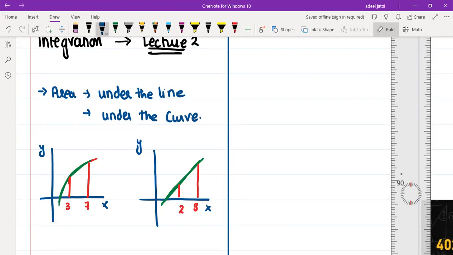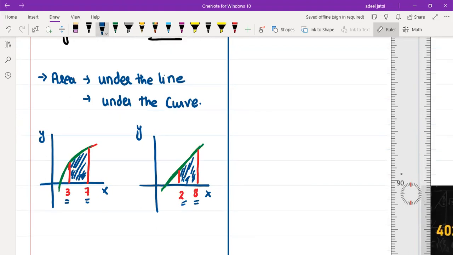So what we can say is the area under the curve for these values, upper value 7, lower value 3, can be taken out using integration. Similarly, the area under the line can be taken out using the upper value 8 and lower value 2.